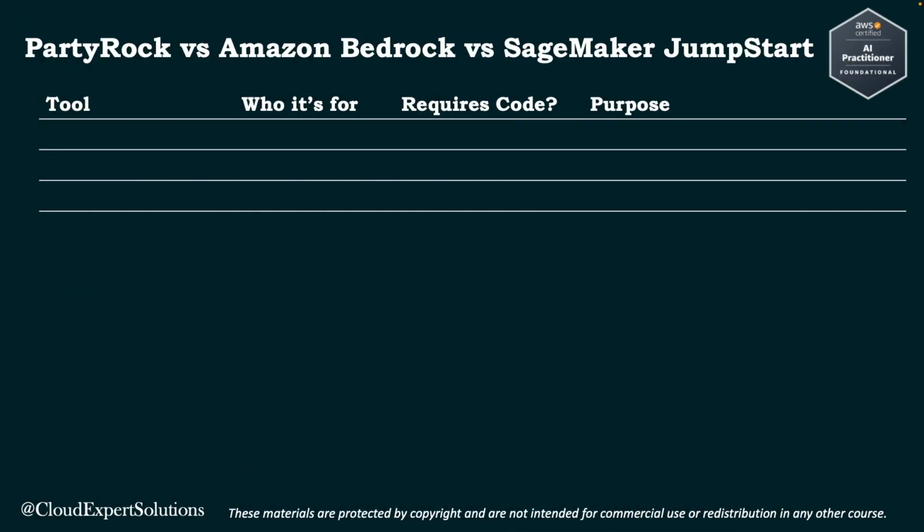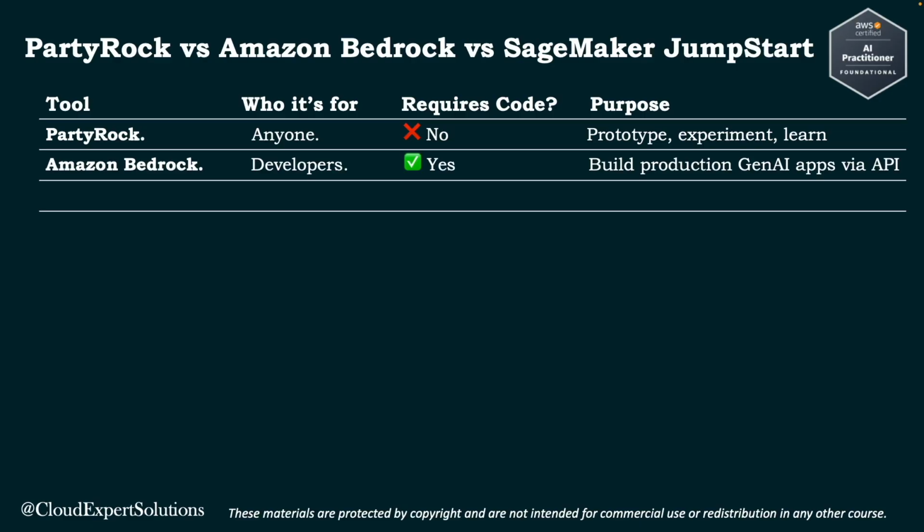During the exam, AWS may try to trip you up by asking you to distinguish between PartyRock, Amazon Bedrock, and SageMaker JumpStart. And here's a quick mental model for you. PartyRock is your no-code playground for anyone who wants to build and share GenAI applications without writing code. Amazon Bedrock is the developer-facing, API-driven service for building production-grade GenAI applications with full control.